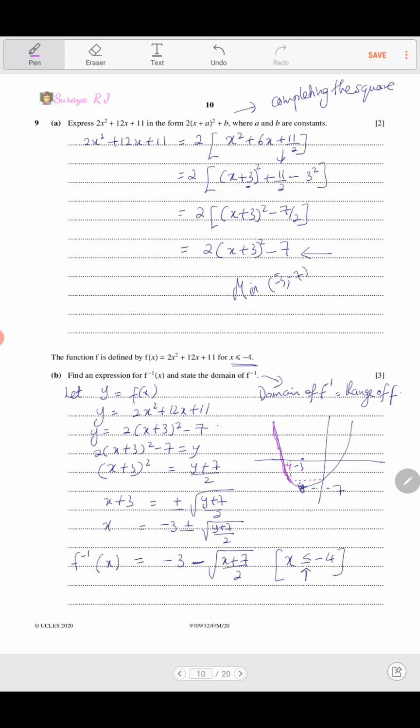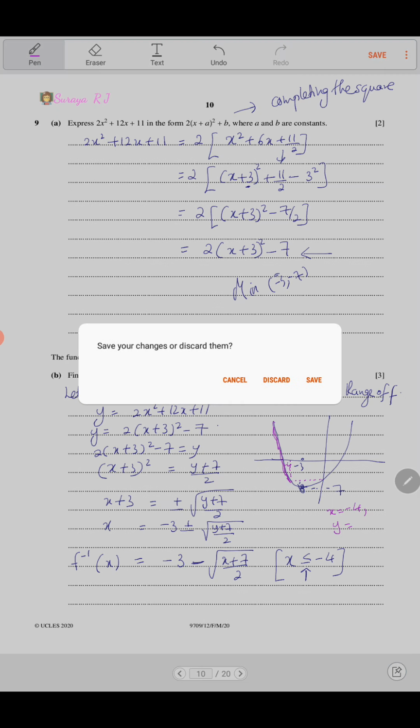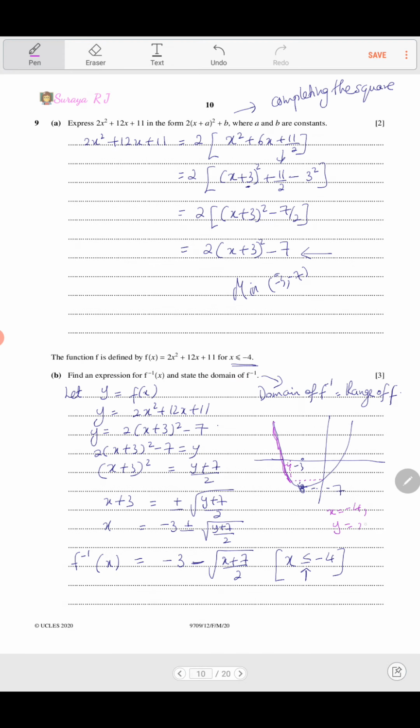So when x is equal to minus 4, we have y equal to, we have to replace in the equation. So we have 2 times minus 4 to the square plus 12 times minus 4 plus 11.